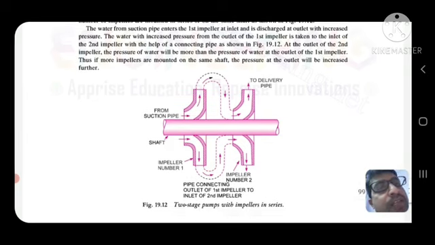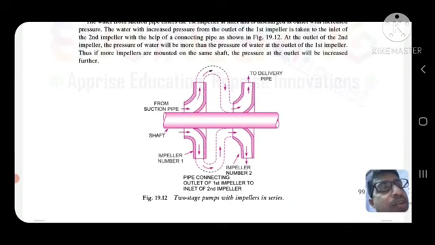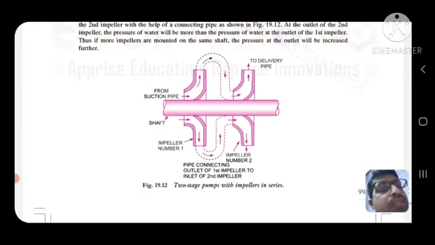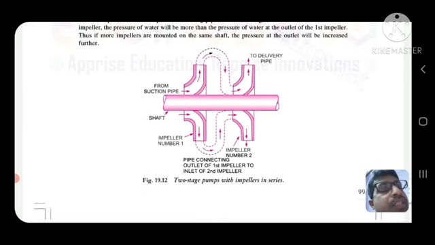The water with increased pressure from the outlet of the first impeller is taken to the inlet of the second impeller with the help of a connecting pipe. At the outlet of the second impeller, the pressure of water will be more than the pressure at the outlet of the first impeller. Thus, if more impellers are mounted on the same shaft, the pressure at the outlet will be increased further.